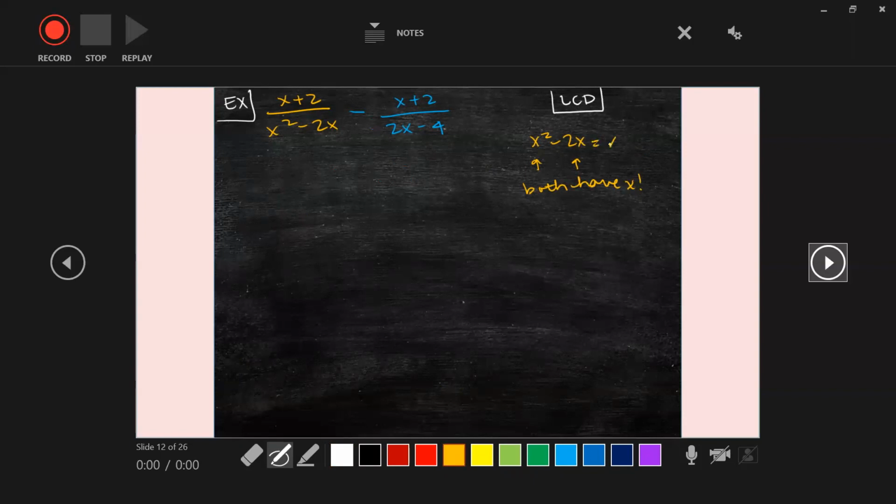So what I'm going to do is pull that x out, and if I pull one of my x's out of x squared, what do I have left? Very good. If I pull x out of negative 2x, then what do I have left? Negative 2.